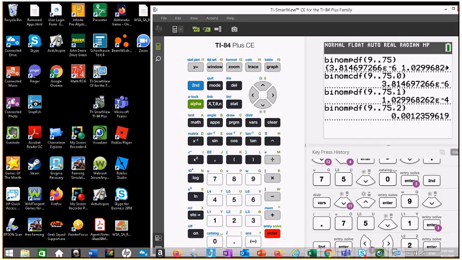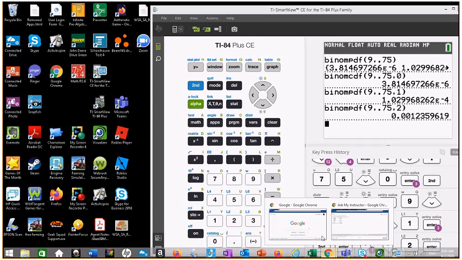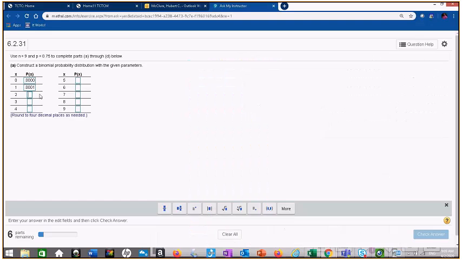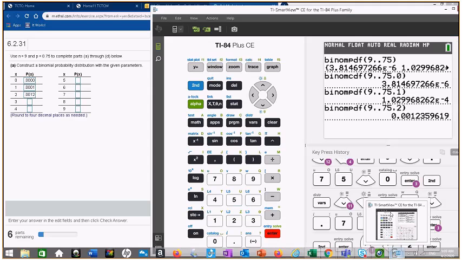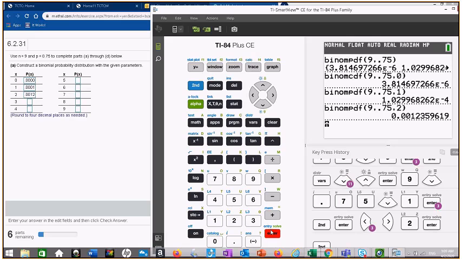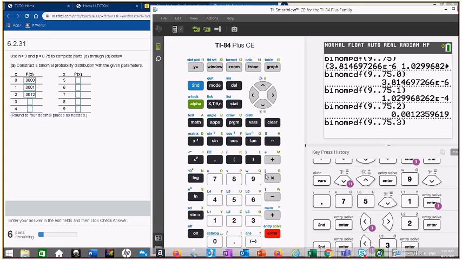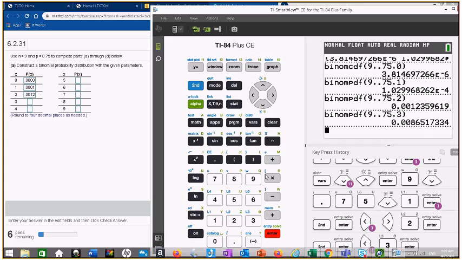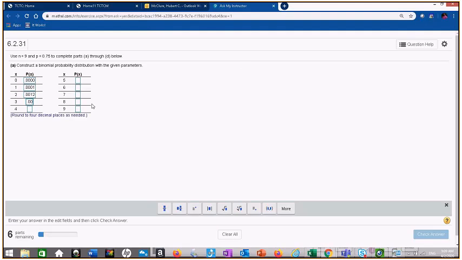So I'm going to type that in, 0.0012. Next is 3. Second, enter, type in a 3. 0.0087.